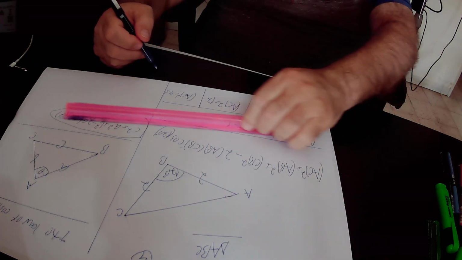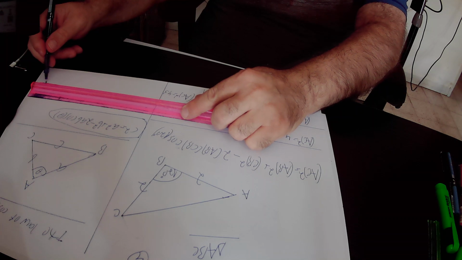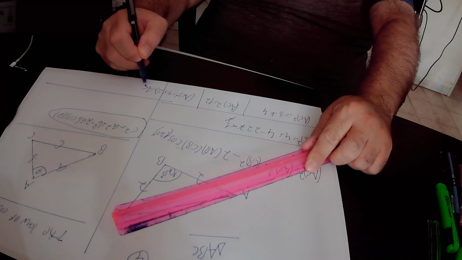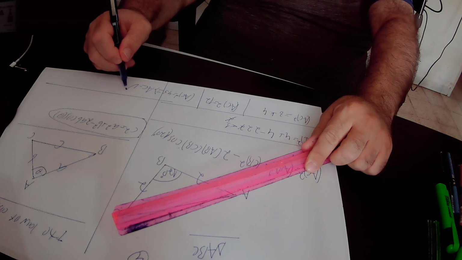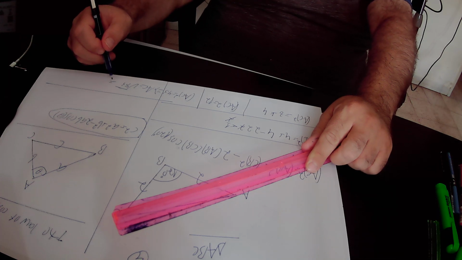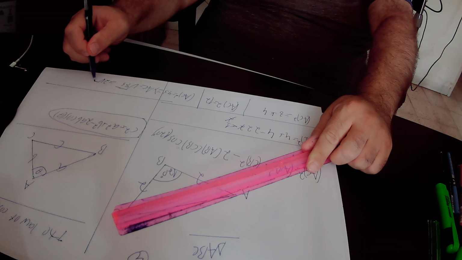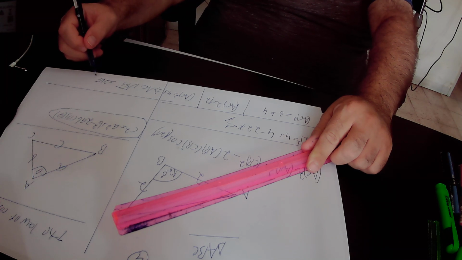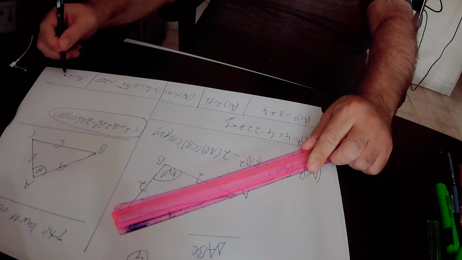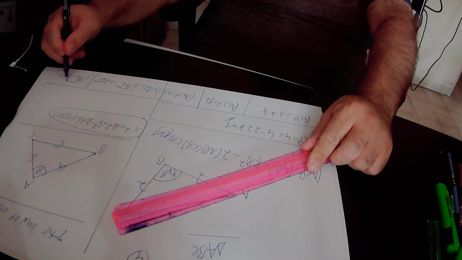Here we take the root of this equation, and we get that AC equals the square root of 4 times 3, and the square root of 4 is 2, so we can take it out of the root. Inside the root we are left only with the square root of 3. So in conclusion, we found that AC equals 2 times the square root of 3 units.